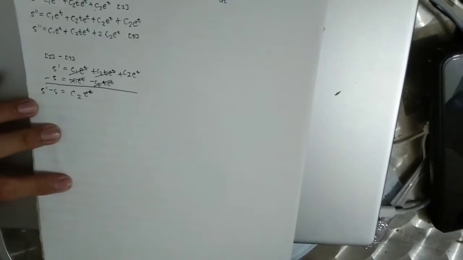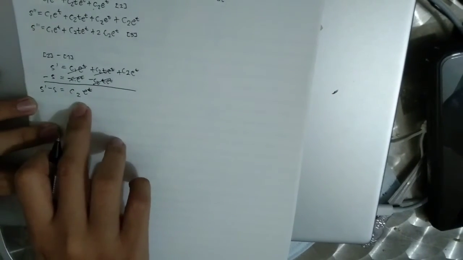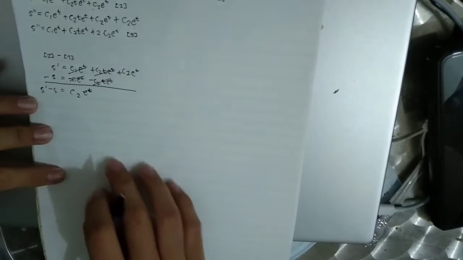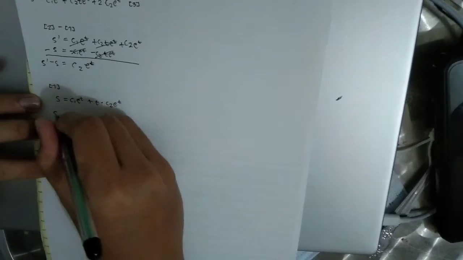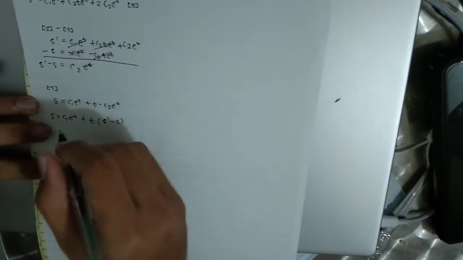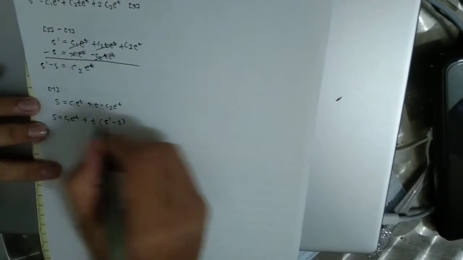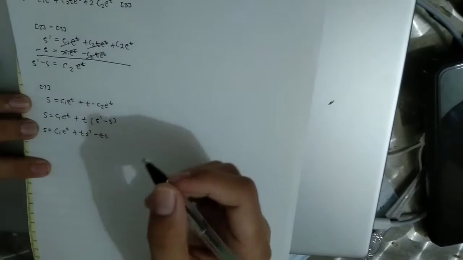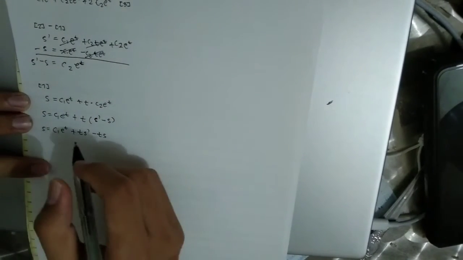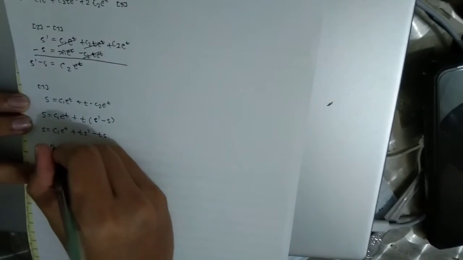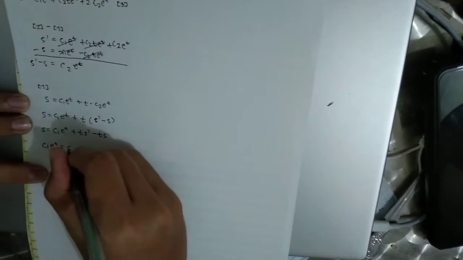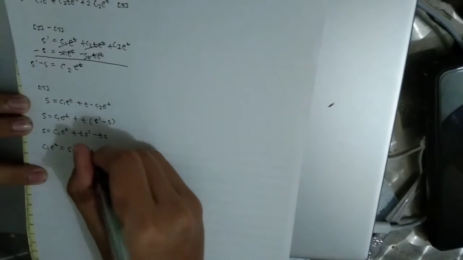We can see that we can substitute the value here to our equation 1, and we can substitute it here. So we can distribute the t in this term, and we can get the value of c sub 1 e raised to t here. So c sub 1 e raised to t is equal to s minus ts prime plus ts.